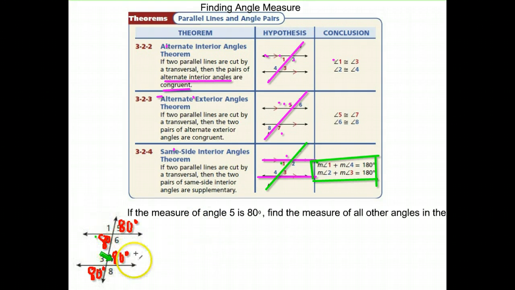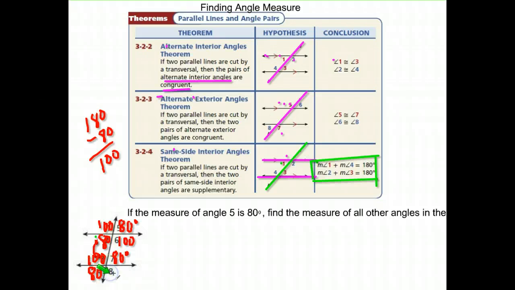What will the measure of the other angles be? Well, we know these same side interiors, so the 80-degree angle here and the angle 3 here, are supplementary. They should add to be 180. So if I take 180 minus the 80 I have, I know that angle 3 should be 100 degrees. And it's congruent to this one up here because they're corresponding. It's congruent to angle 6 here because they are alternate interior angles.